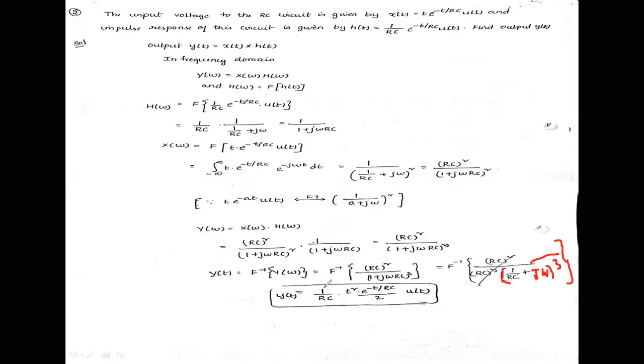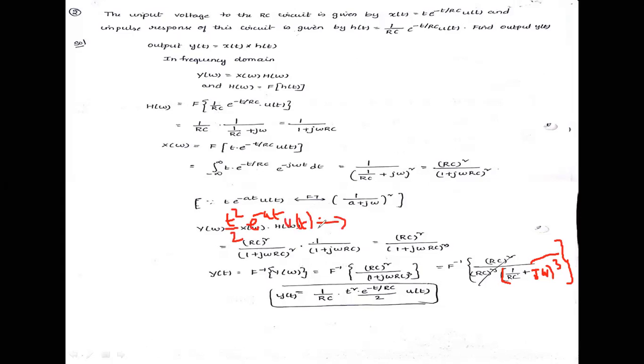Now 1 by RC is there, and according to t into e power minus at mu of t, the transform is 1 by (a plus j omega) whole square. If it is t square e power minus at mu of t, actually it's not t square, it's t square by 2, t square by 2 e power minus at mu of t.